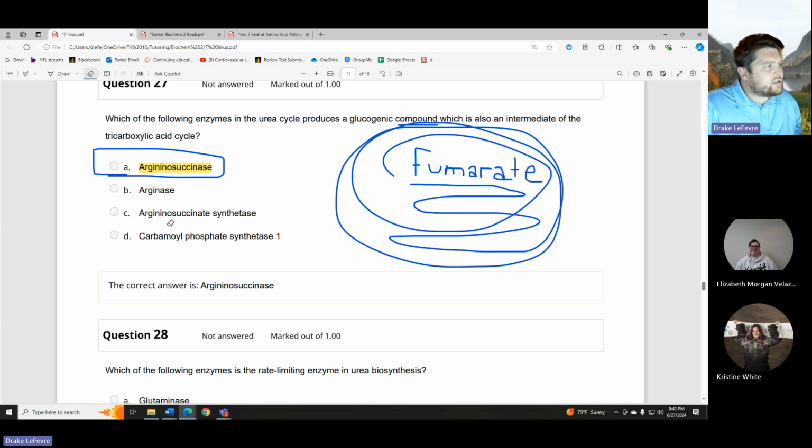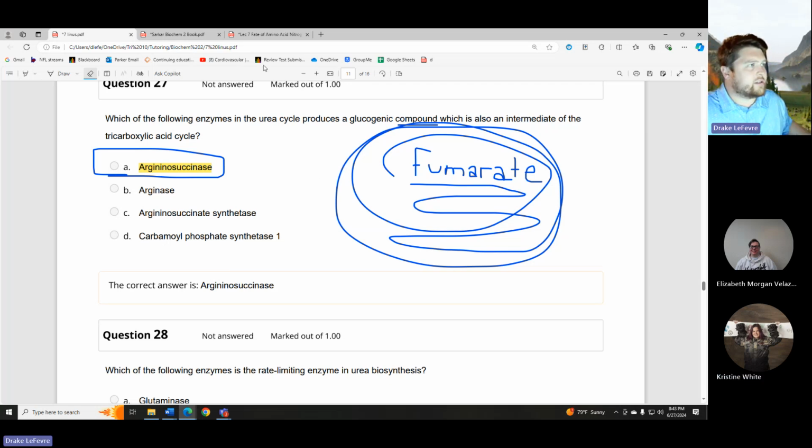The arginosuccinate synthetase. What else is involved with the arginosuccinate synthetase in order to form the arginosuccinate? What else enters here? I'll give you a hint.